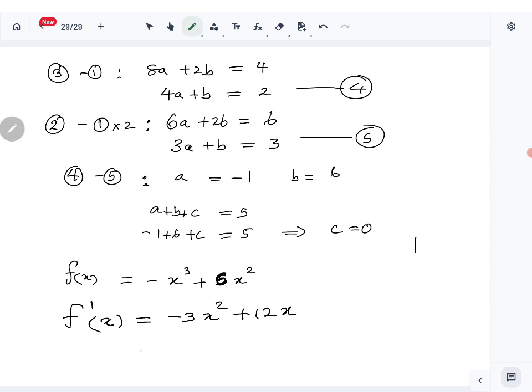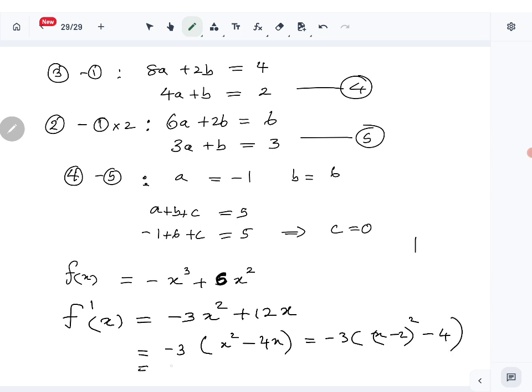I will just complete the square. It's easy. You can take out minus 3, so x squared minus 4x, so you have minus 3 times (x minus 2) whole squared minus 4.